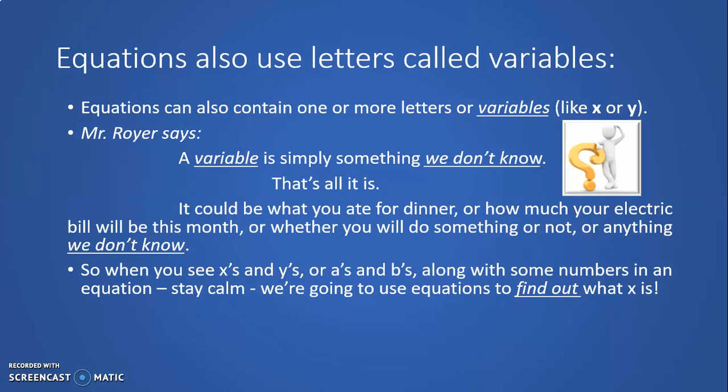It could be what you ate for dinner. It could be how much your electric bill will be this month. It could be whether you will do something or not, or anything we don't know. So when you see x's and y's or a's and b's along with some numbers in an equation, stay calm. We're going to use equations to find out what those letters are.